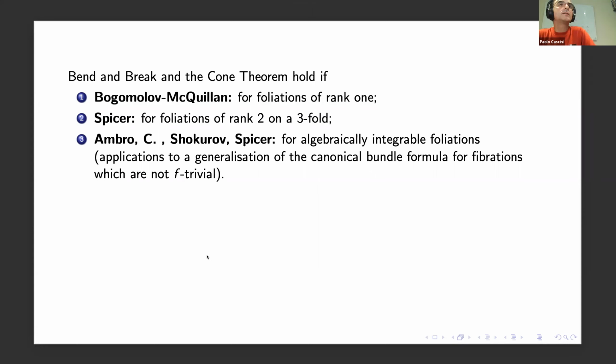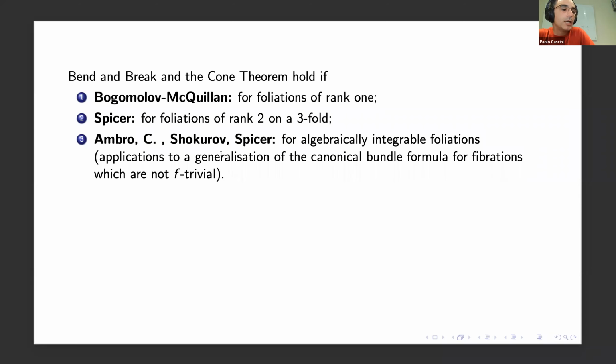Now, you might wonder why these people joined together to get this result. The goal of this was really to prove, and I don't have time to talk about this, I'm happy to talk about it on other occasions, but I'll just say very vaguely, there is a very nice formula, due to many people, which generalizes the Kodaira formula for elliptic fibrations, which is the canonical bundle formula, which gives you an understanding of the singularities and the moduli part of a fibration.